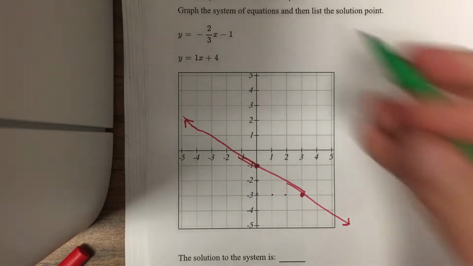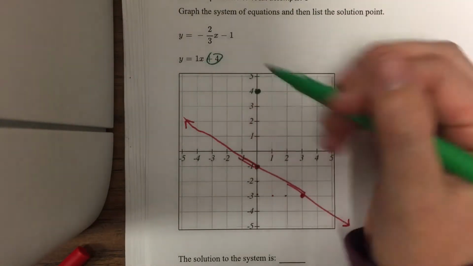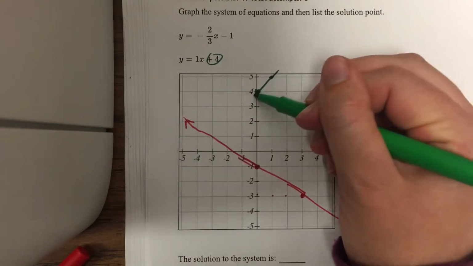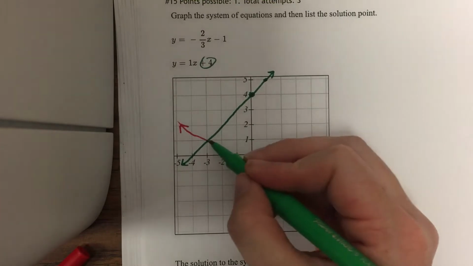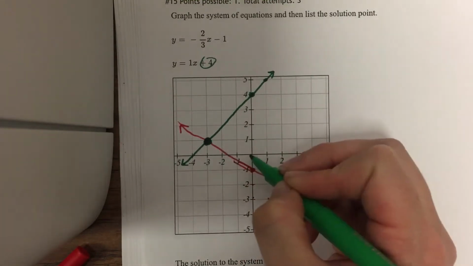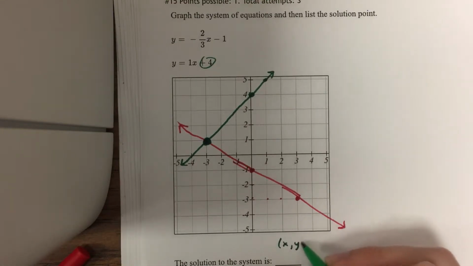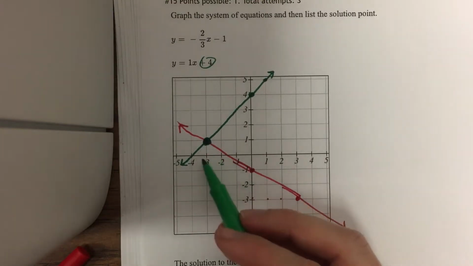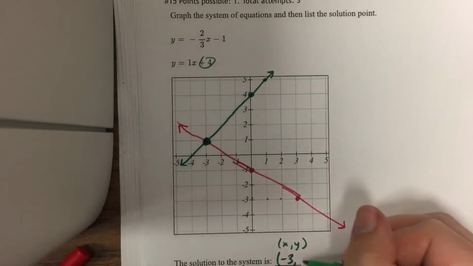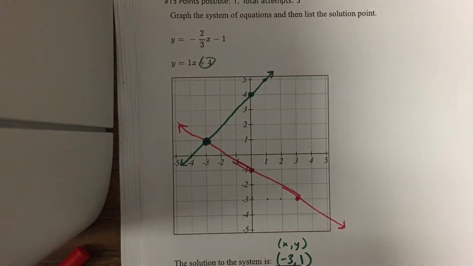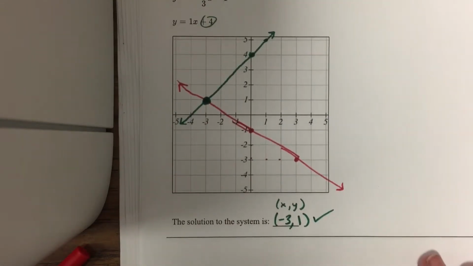Next one, our y-intercept is positive 4, and it goes up 1 over 1. Hey, look, it crosses. There's an intersection. What is that point? Remember my solution is x, y, so the x value is a negative 3, and the y value is a positive 1. And we're good. That's our solution.